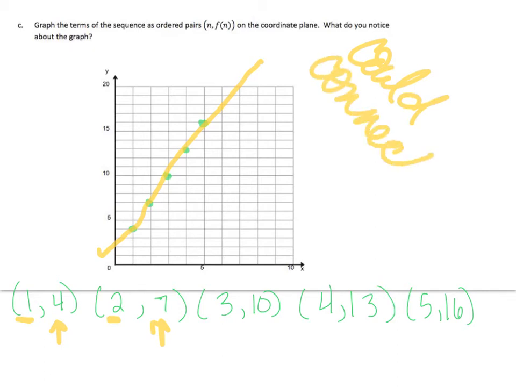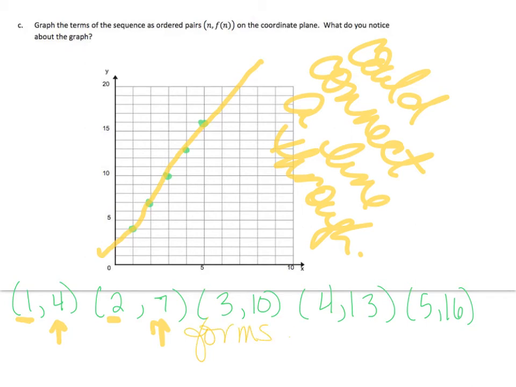But we shouldn't. We should say that it forms a linear pattern.